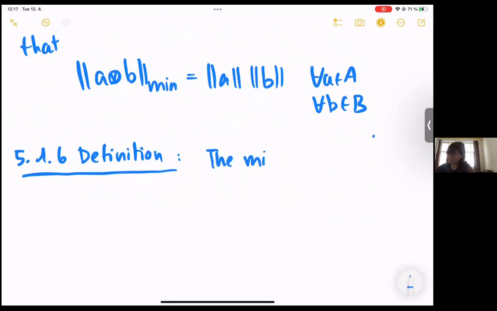This is also sometimes called the spatial tensor product, because we're stealing the norm from the Hilbert spaces.